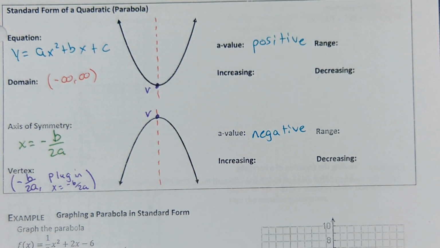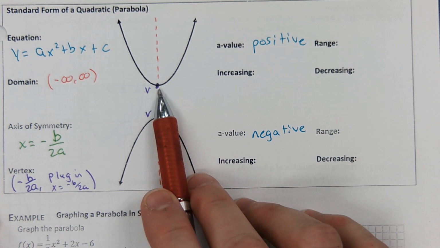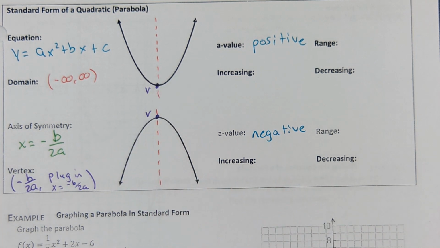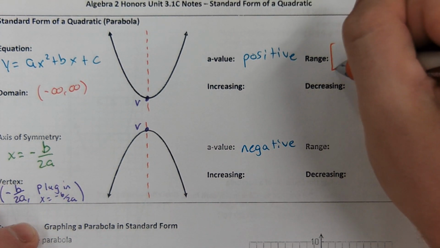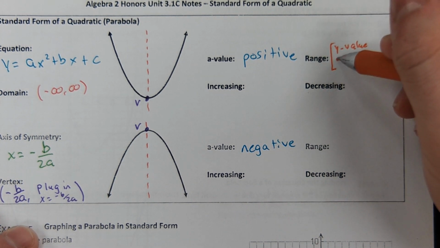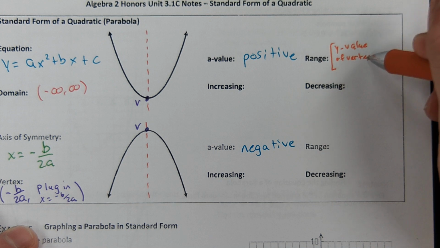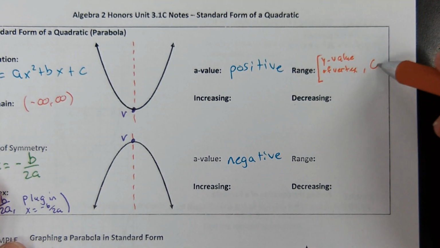And that axis of symmetry is going to be the dividing line between increasing and decreasing. But before we get there, let's talk about the range. The range is a span of y values. This quadratic has a minimum, so the y value of this vertex is the bottom of my range. So we'll just say y value of vertex, comma, and it points up to positive infinity forever.